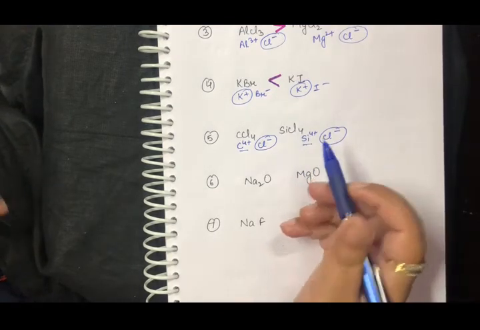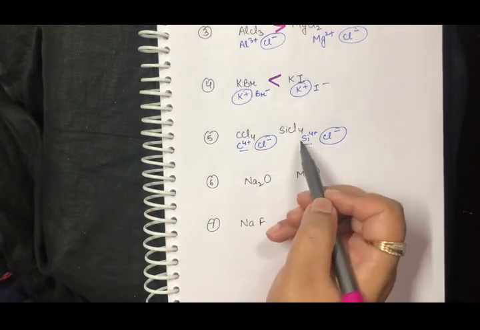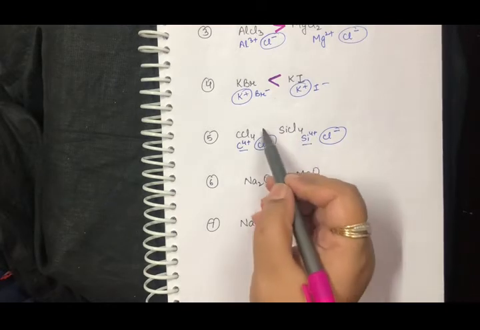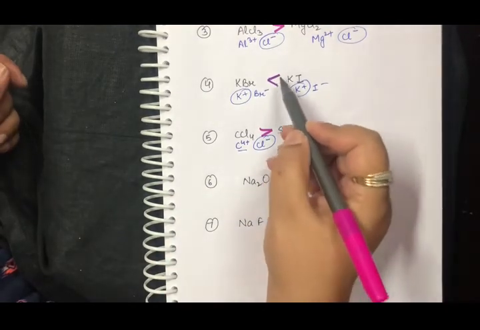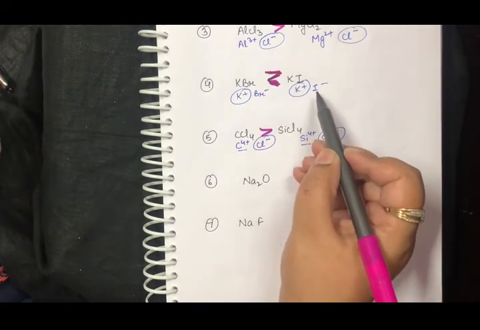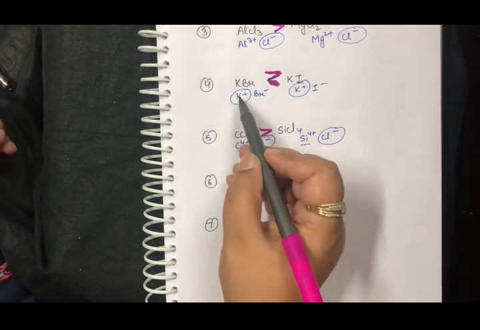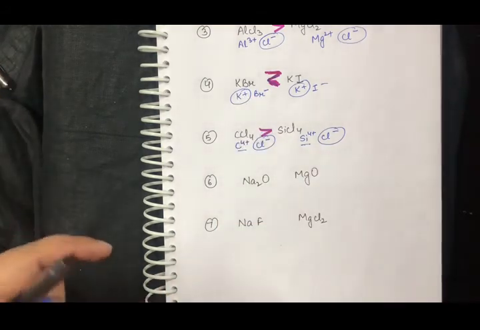If it is having bigger size, which will have the more lattice enthalpy? It is going to be CCl4. So sorry, I just reversed it earlier. I said that iodine is bigger in size, so since lattice enthalpy is inversely proportional to size, it would be more for KBr. I'm really sorry.